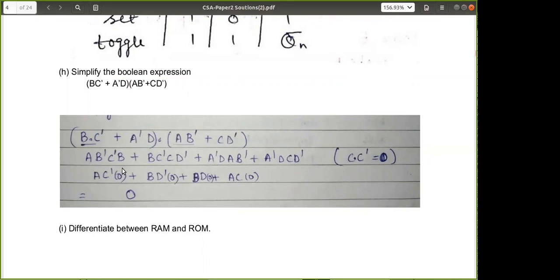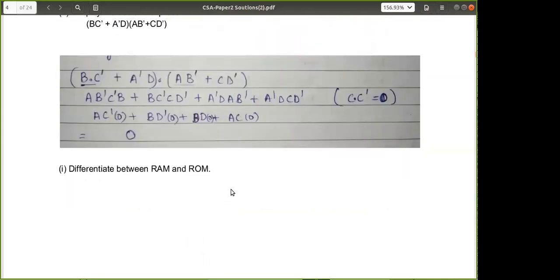So you will see here in this expression, the A, B complement, C complement, B. So here the B and the B complement make it 0. Then we have CC complement, here we have A complement, and here we have DD complement. So all these are 0. So the answer is 0.